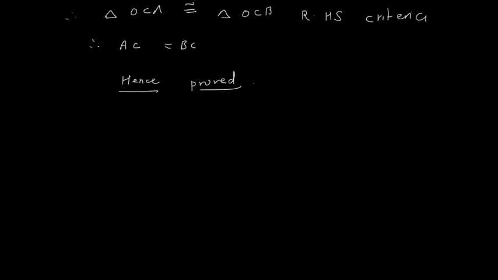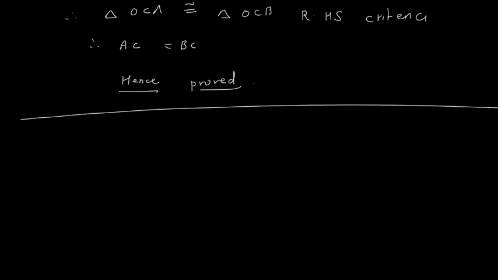So let us discuss one more theorem. What we can say, that line joining the center of circle to the midpoint of chord is perpendicular to the chord, or the line drawn through the center of circle to bisect the chord is perpendicular to the chord.